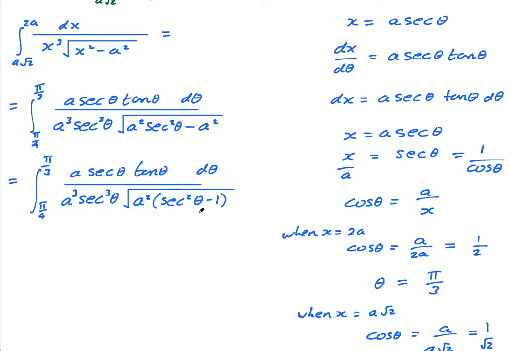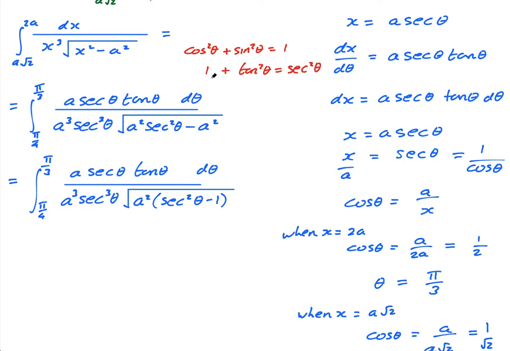Now this looks horrible, but there is an identity that, if you remember your cos, let me just write it here. Cos squared theta plus sine squared theta equals 1. 1 plus tan squared theta equals sec squared theta.